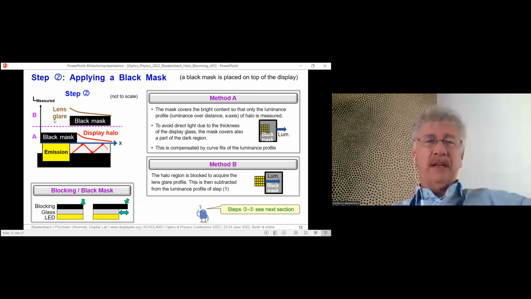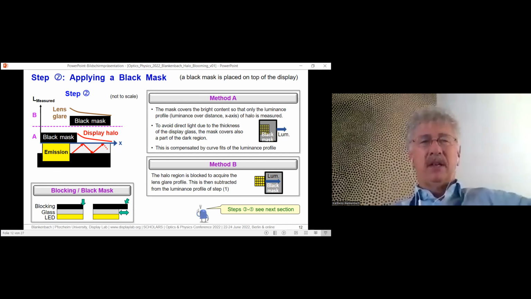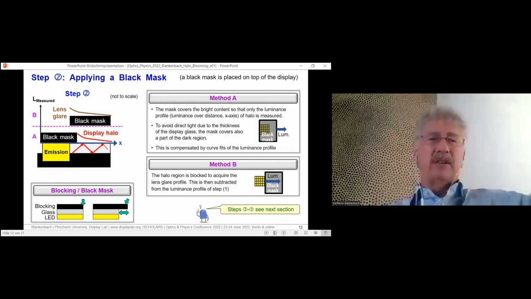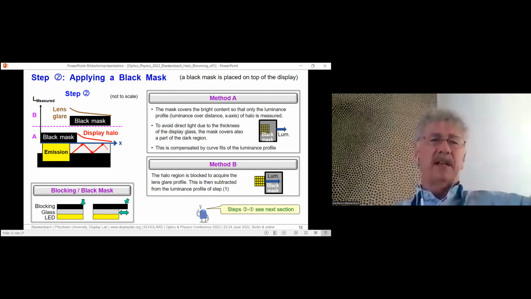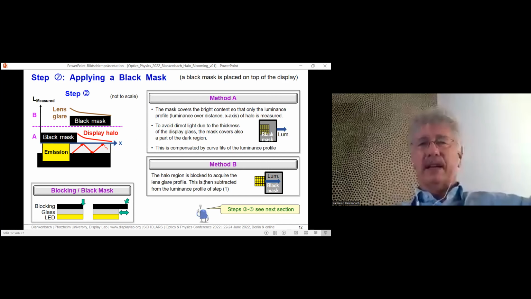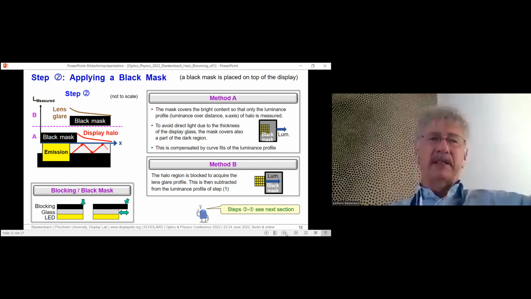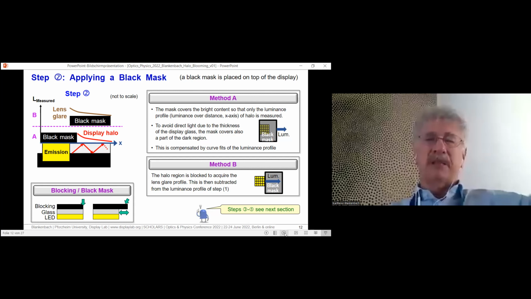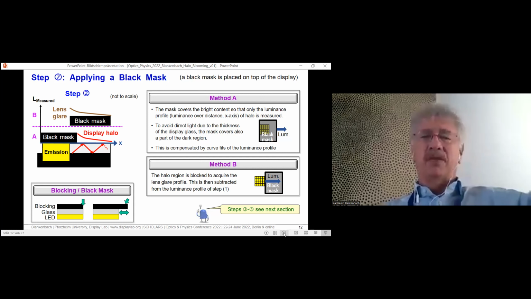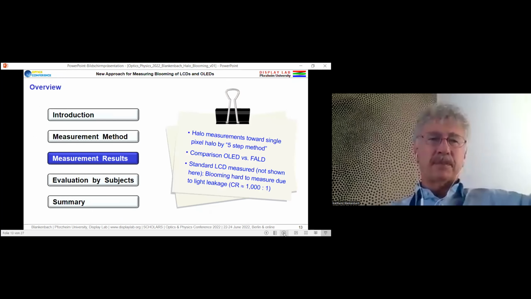For method B, where we have already captured the profile of on-pixels, lens glare plus halo, we cover the halo area with a black mask, and therefore we just measure the lens glare. And the amount of lens glare depends on the quality of your lens.